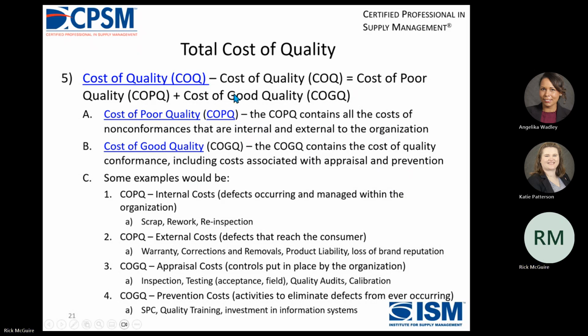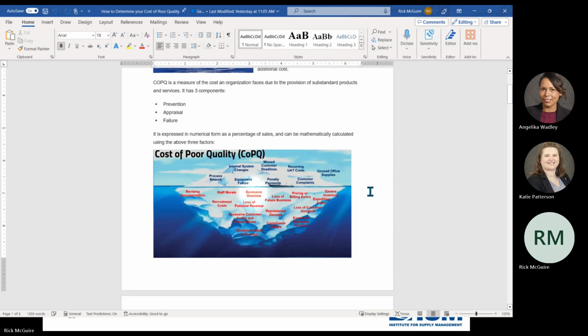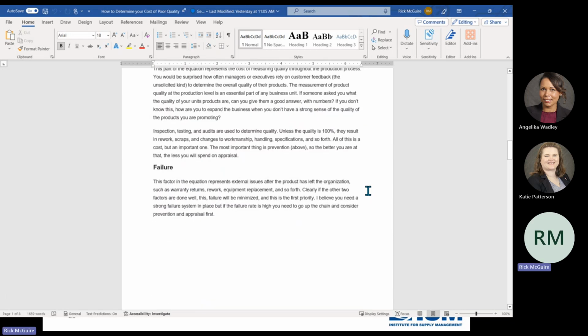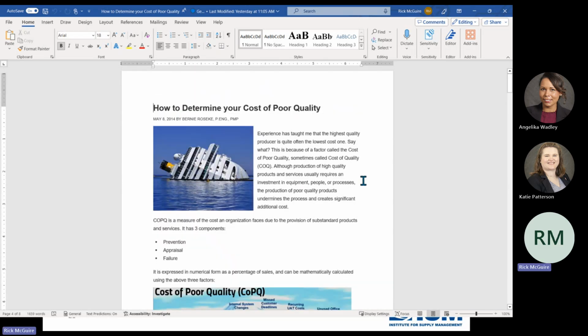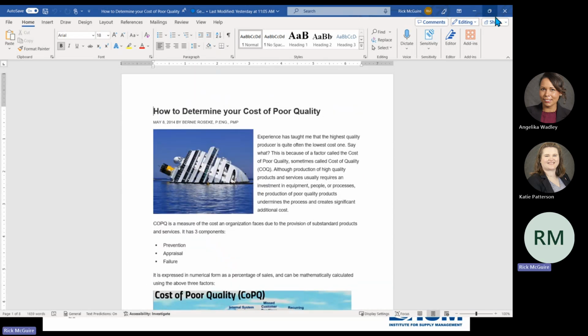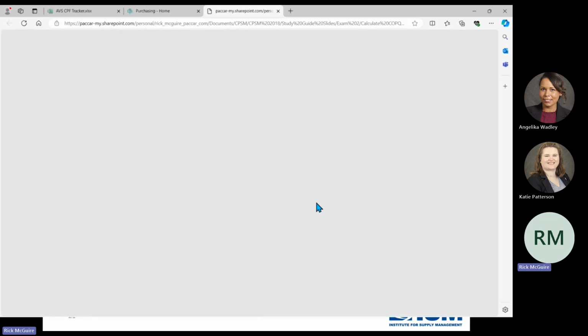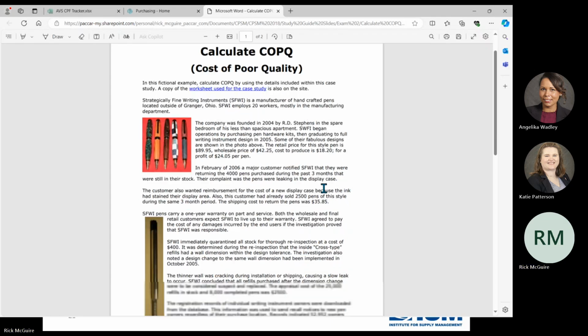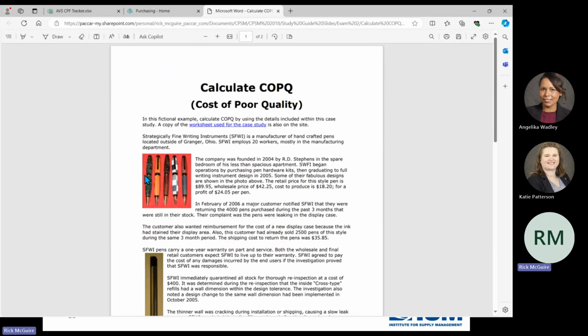But a couple of articles if you're interested more. This one just talks about cost of poor quality altogether. It's a few pages long. Kind of gives you a flavor for what they're talking about. And this is on poor quality specifically, how to calculate it, internal and external costs.